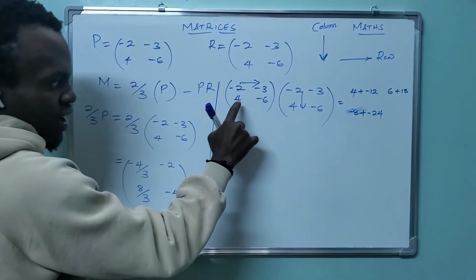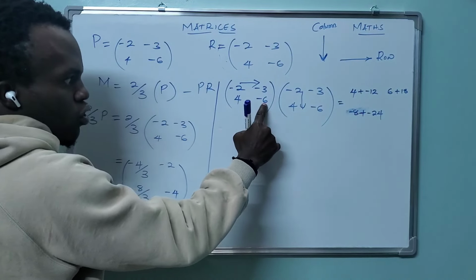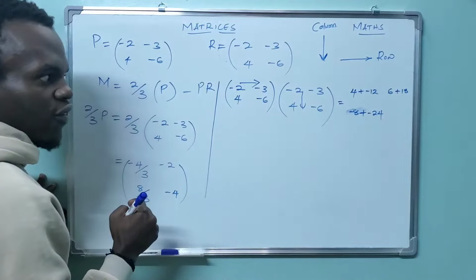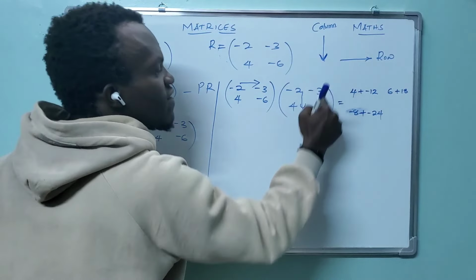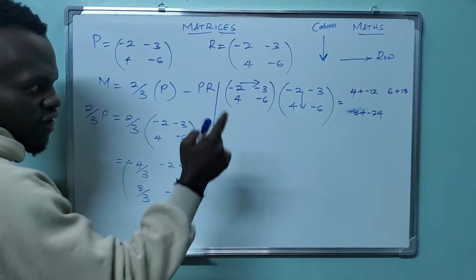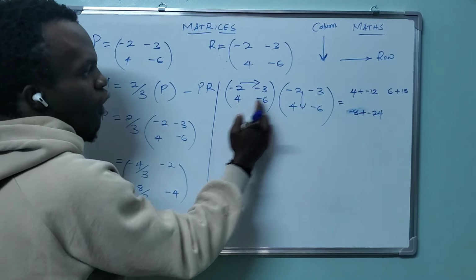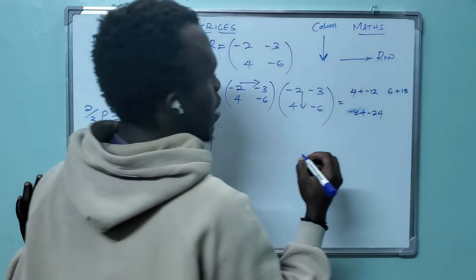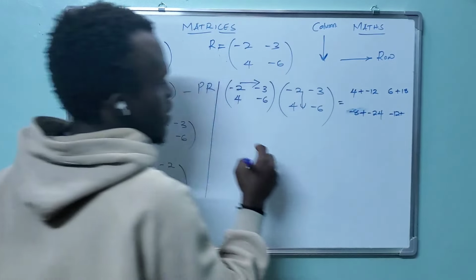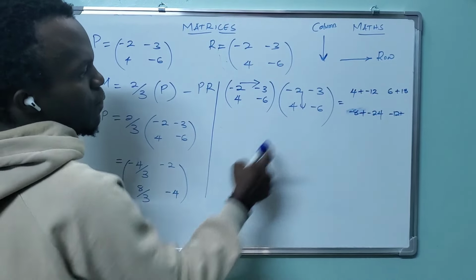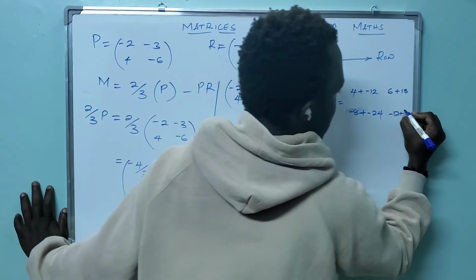I'm done with the second row and the first column of the second matrix. Then I go with the second row and the second column: 4 multiplied by negative 3 is negative 12, plus negative 6 multiplied by negative 6, which is 36.